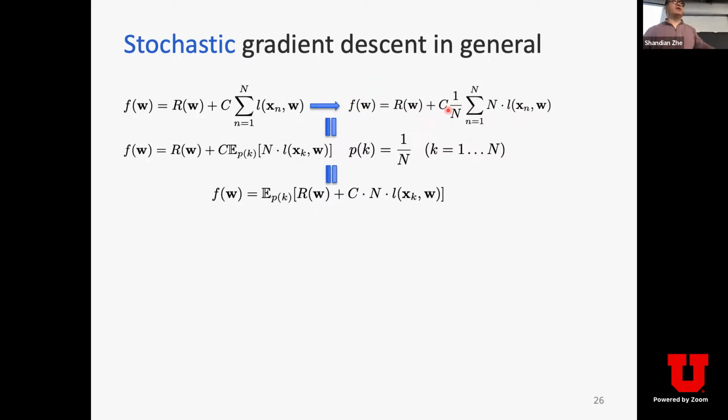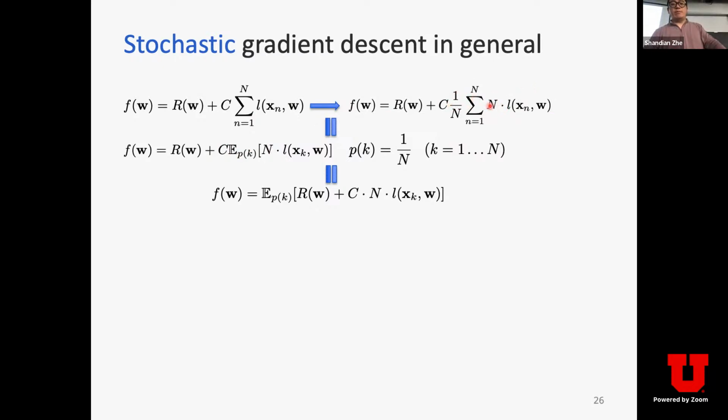It's like, okay, I roll a dice. This dice has n choices, and I have an equal chance to select every possible point. I just randomly pick out one point, and then calculate the loss over that data point. Because this is random, I want to take the expectation over this loss, and when you calculate the expectation, it's very straightforward.